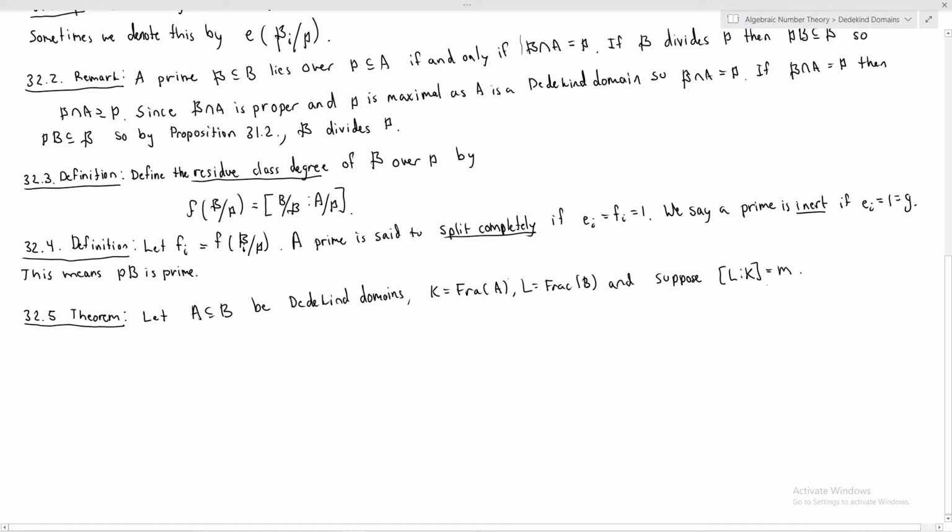Okay. I'm going to let p be a prime in A, and let's say we know that pB factors in the following way, as above, P1 to the e1, through Pg to the eg.